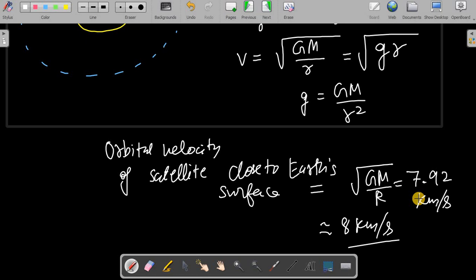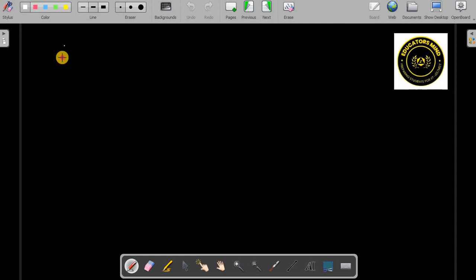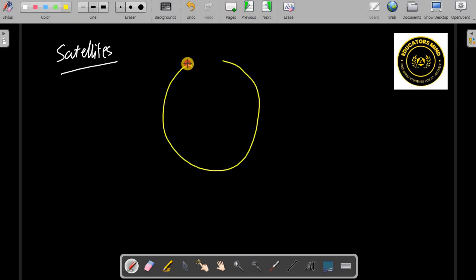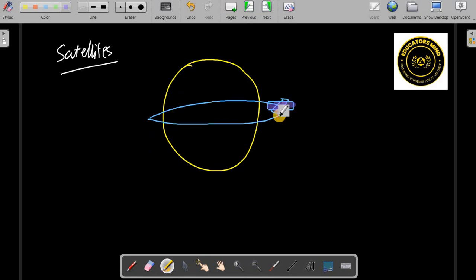Then we may also discuss some things for satellites. Basically satellites are of two types. Suppose you take this Earth. A satellite can be projected and go in the equatorial plane. This satellite is called a geosynchronous satellite.